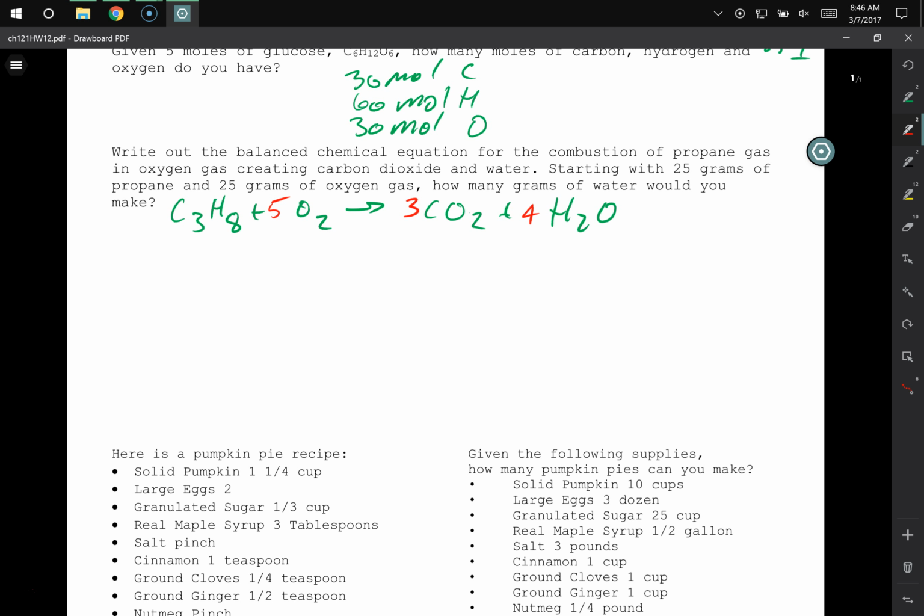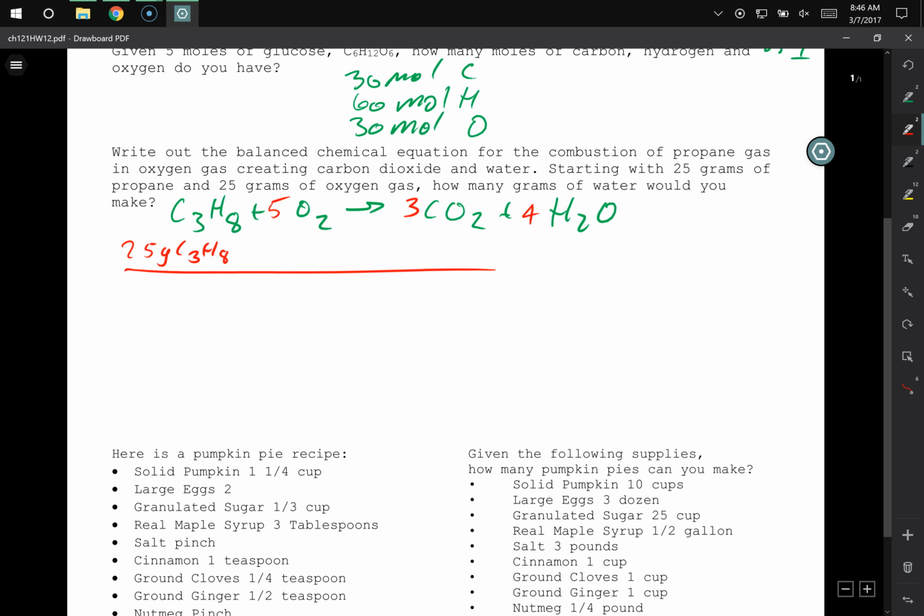I have to throw up 2 railroad tracks here just to determine who runs out first. So let's go ahead and do that. I'll start out with 25 grams of C3H8. And then the next one is going to be 25 grams of O2.